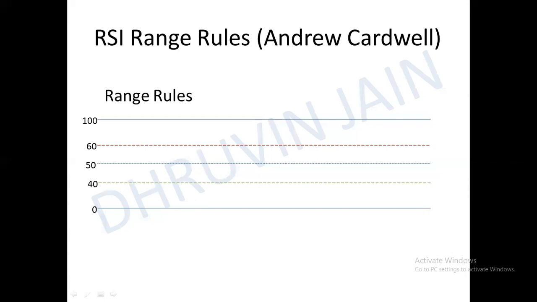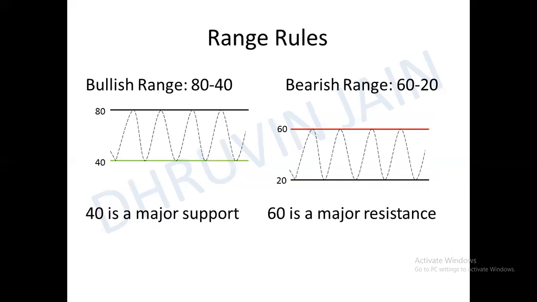Let's go to the range rules first. Andrew Cardwell Sir made the observation in his study that RSI moves in two zones, that is a bullish zone and a bearish zone. I've just drawn a diagram of RSI as an example.